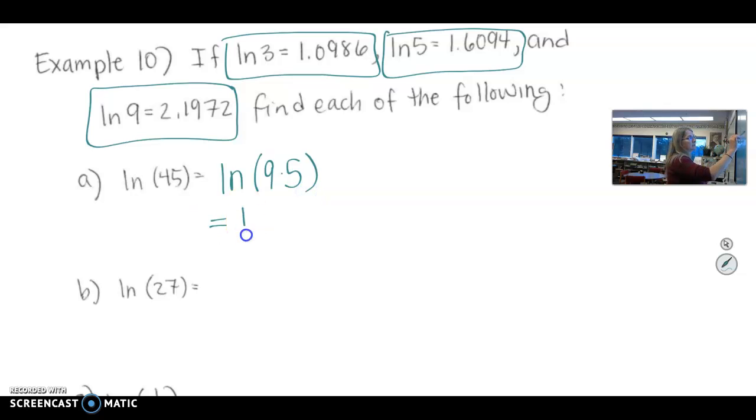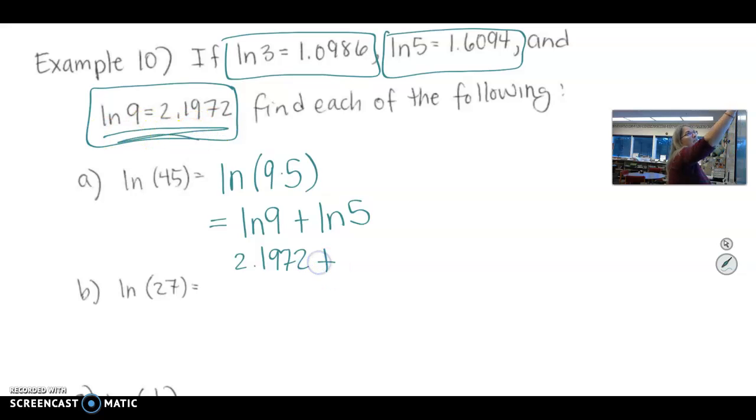So we can split this up into the natural log of 9 plus the natural log of 5 using our product property, and the natural log of 9 is given to us, 2.1972, so right here, plus ln of 5, which is given to us here, 1.6094, and you'd simply add those two together to get your final result.